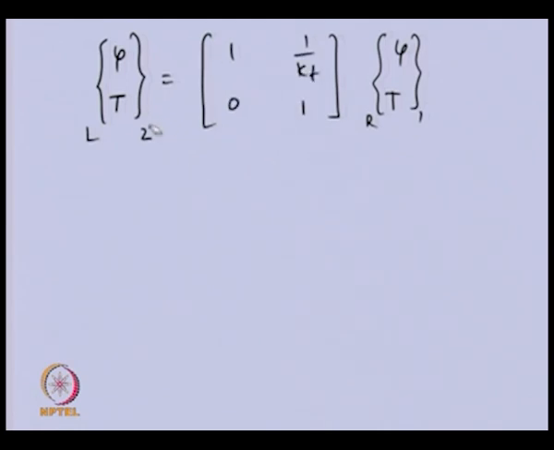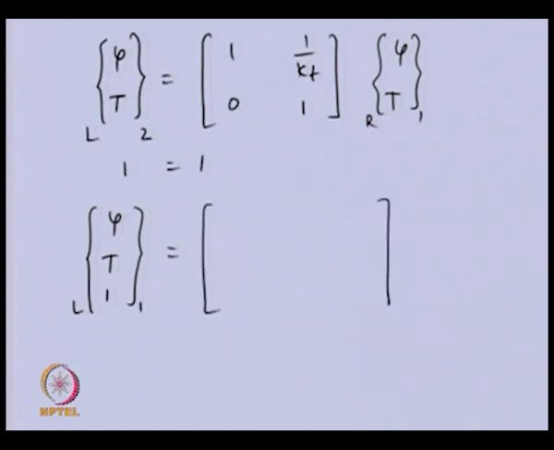So, this was the field matrix. Now, we want to add the 1 is equal to 1 identity equation in this. Let us see how this changes the form. So, this is the modified state vector left of disk 1, and this is the modified phi z.